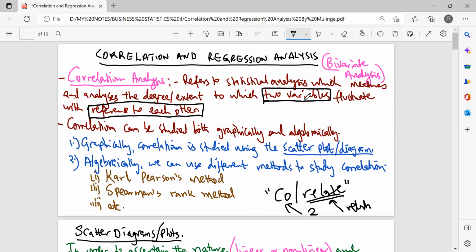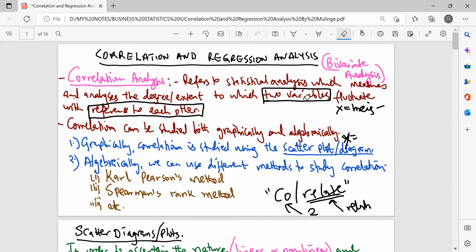For example, you can imagine a variable which you can call x. You can say x is the height of the father. Then you can have y as the height of the son.